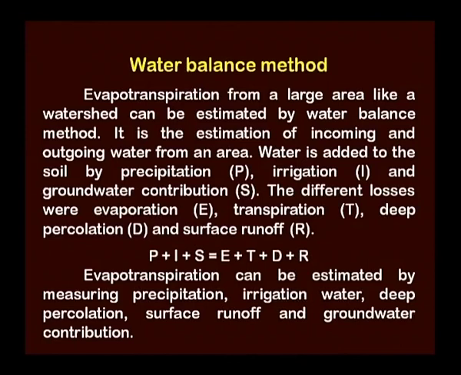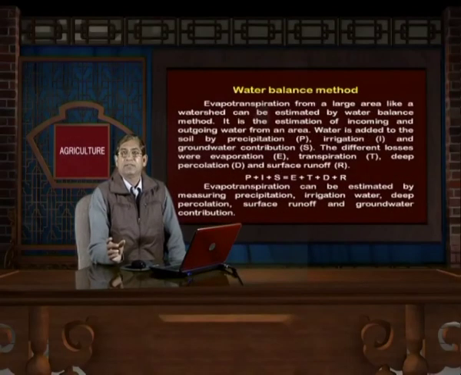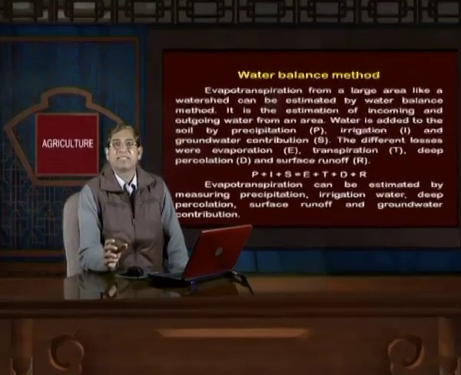The different losses are evaporation, transpiration, deep percolation and surface runoff. P plus I plus S is equal to E plus T plus D plus R. So, here the components of incoming water and the components of loss of water are equilibrated, and on the basis of this irrigation requirement can be determined.